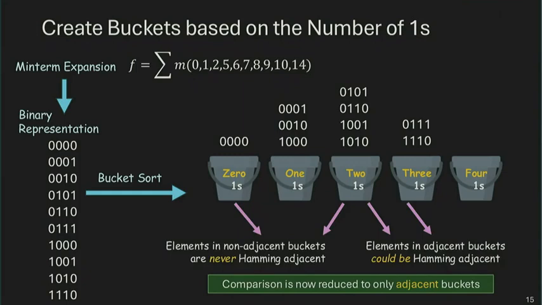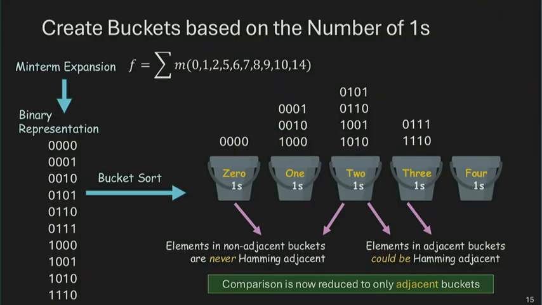elements in non-adjacent buckets are never Hamming adjacent because they have different numbers of ones. So for example, between bucket 0 and bucket 2, they have different numbers of ones, right? 0, 2 ones. So they can never be Hamming adjacent. In the best case, they're Hamming distance 2 away. Right? Similarly, between bucket 1 and bucket 3, they differ by at least 2 bits.